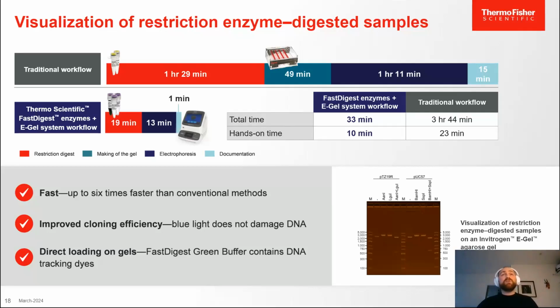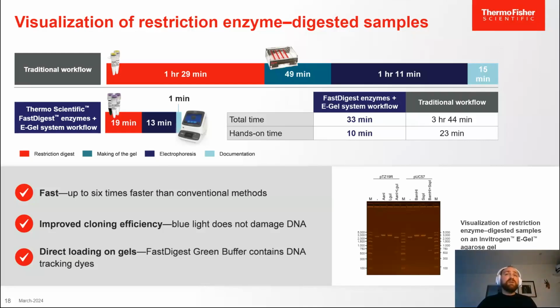So if you're performing exactly the same restriction digestion experiment using the traditional workflows, you have 1 hour, 29 minutes to actually digest the sample, then it's 49 minutes of running and preparing your agarose gel, and then we gave 15 minutes for visualization, because usually the camera or the system that you use for visualization is located in a different part where you have to bring your gel.